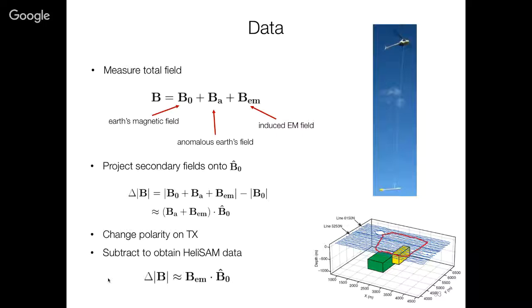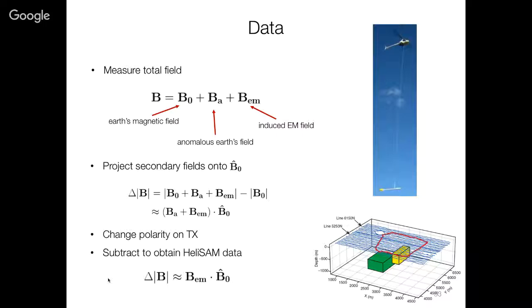That's usually what's done in a mag survey. So you've got the Earth's field, you've got this kind of anomalous field due to the Earth, and then you've got an induced field that is associated with the fact that this is a time-varying magnetic flux that's coming from this. Okay, so that's what you measure. You measure the absolute value of that, so cesium vapor magnetometer.